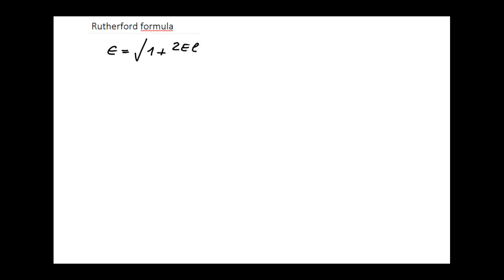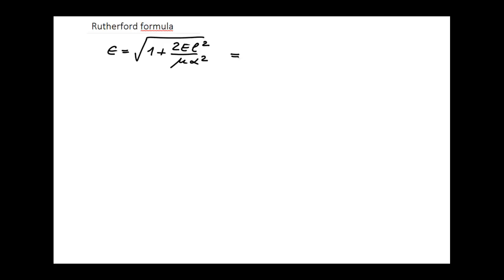I think it was defined in terms of kappa, but kappa in turn, and then we insert the definition of kappa, and then we find that epsilon has this form as the square root of 1 plus 2 times energy of the incoming particle times orbital angular momentum squared of the incoming particle divided by reduced mass alpha squared. That's the combination of the two formulas that we had on the previous page.